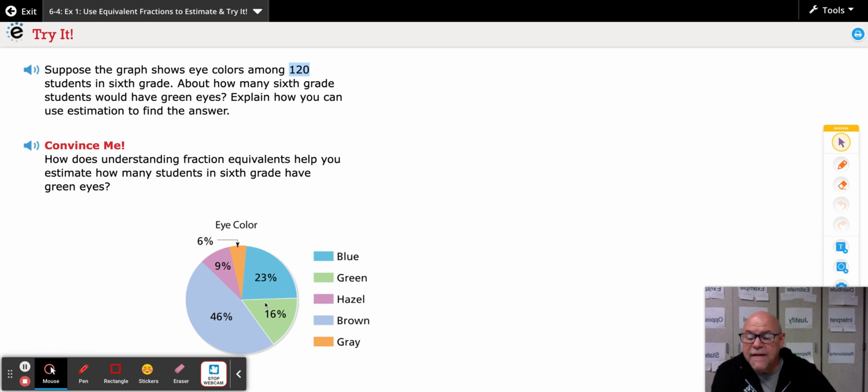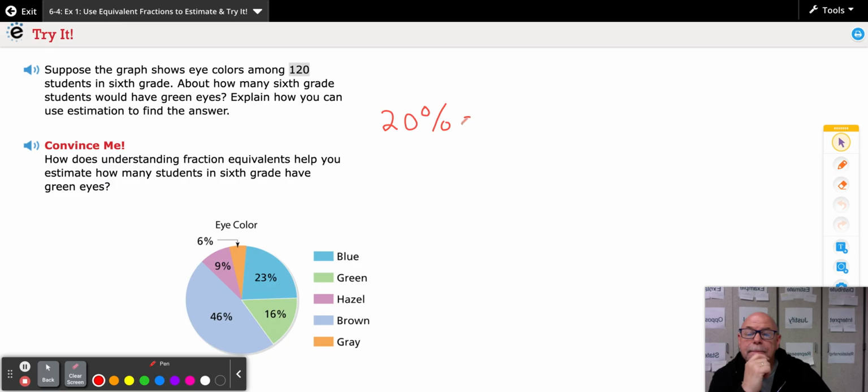Okay, 16% of 120. Well, 16% is not easily computed with that number. Could we round? Yes, we could. 16% is about 20%, and I think that would be easy enough, right? 20% is 20 over 100, which simplifies pretty easily to 1 over 5, right?